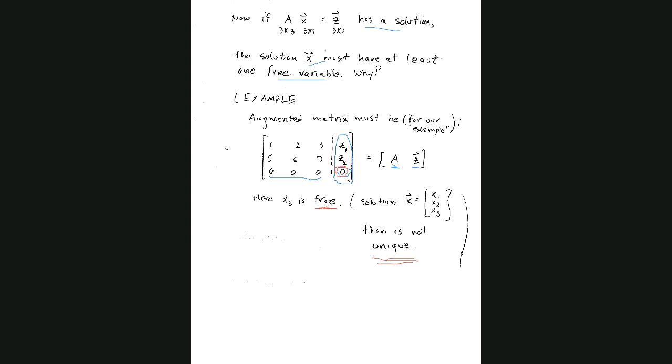The solution will either be an infinite number of values because you have a free variable, or there will be no solution. And that would be if the third entry in your vector Z were a non-zero value.